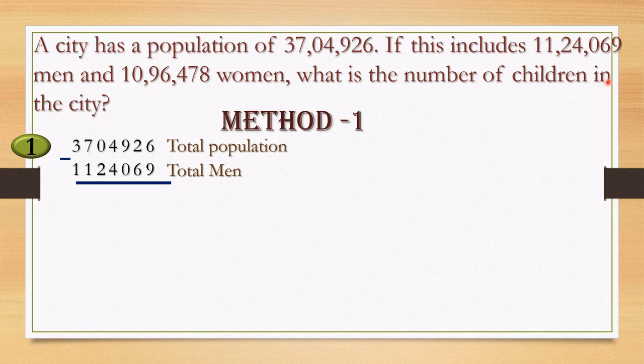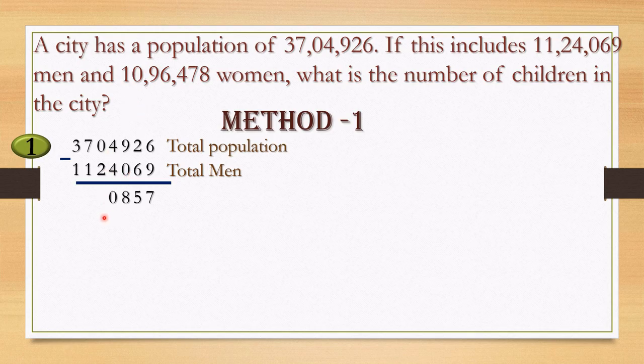Now you know that subtraction always begins from the right hand side and moves towards the left hand side, isn't it? So in the unit place, 6 minus 9, yes, 6 borrows from 2 and it becomes 16. So 16 minus 9 is equal to 7. Now here 1 minus 6, not possible, so it borrows from 9. So it becomes 11. 11 minus 6 is 5. Right? Here it is 8. So 8 minus 0 is equal to 8.